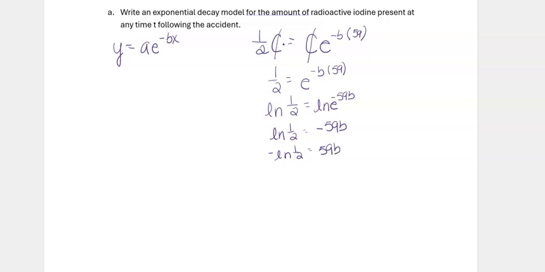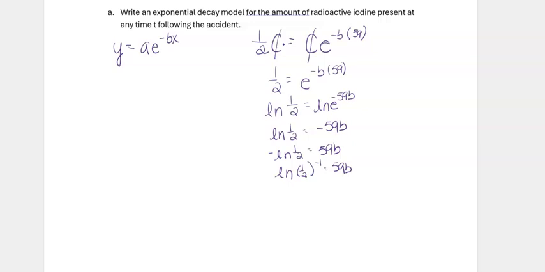And because this is a negative 1 times the natural log, by the power property of logarithms, I can take what I'm taking the natural log of and raise it to that negative 1.